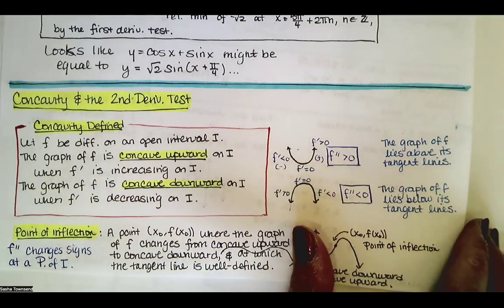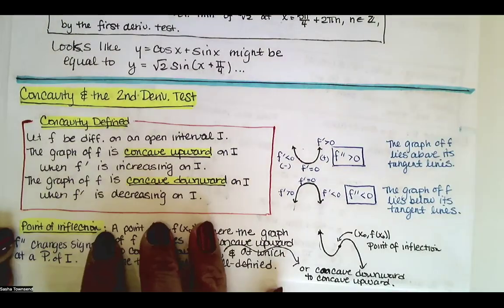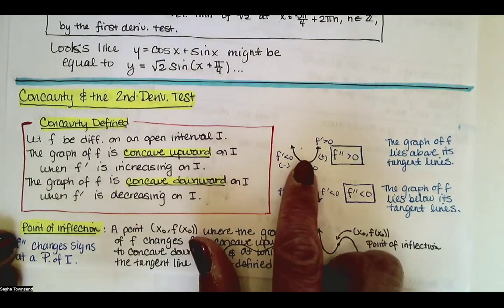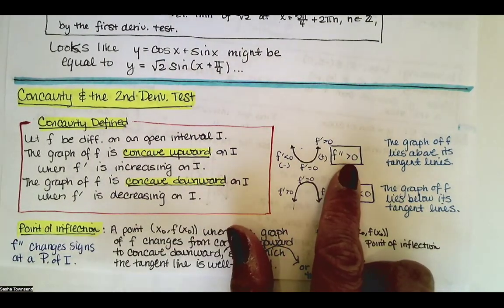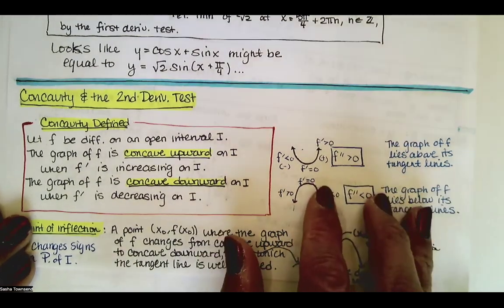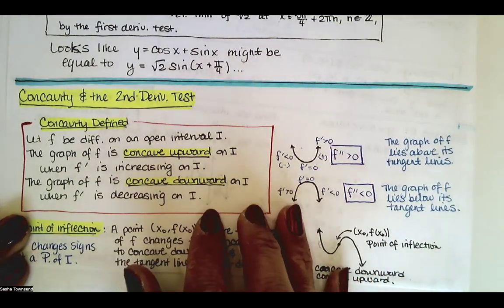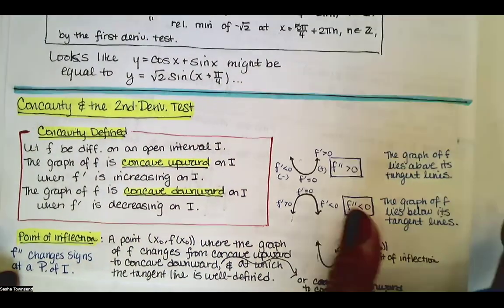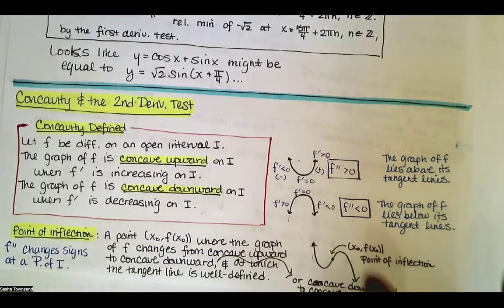All right. Now we can use these two pieces of information and the relationship between this graph and the second derivative to determine the intervals where our function is concave upward and concave downward. We can also use it to determine whether critical values correspond to relative minima or relative maxima. That is called the second derivative test.